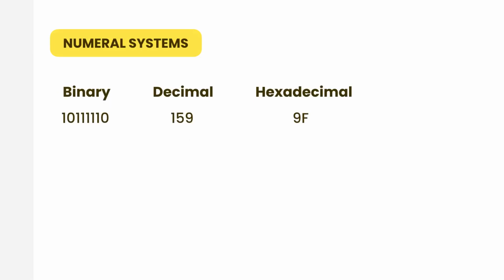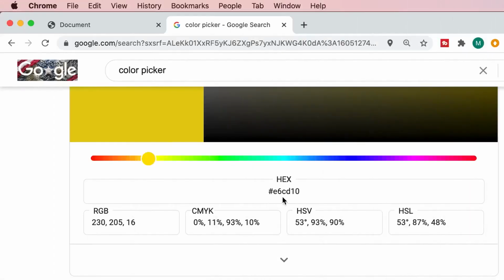But let's look at a practical example. Look at this hexadecimal value. Here we have 6 characters, and every 2 characters represent one of the numbers in the RGB system. So E6 is the hexadecimal representation of 230 in the decimal system. As another example, CD is the hexadecimal representation of 205 in the decimal system.